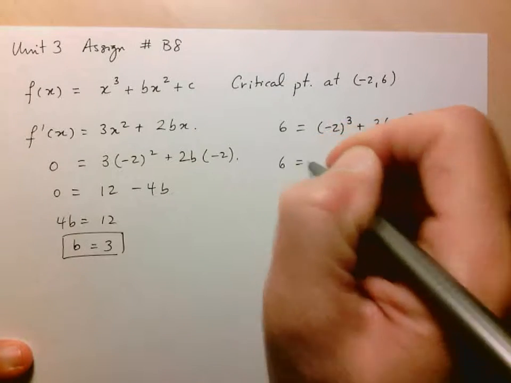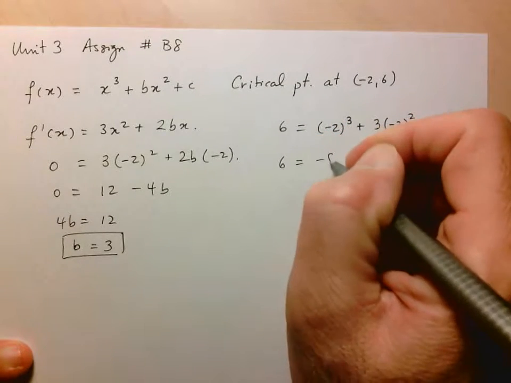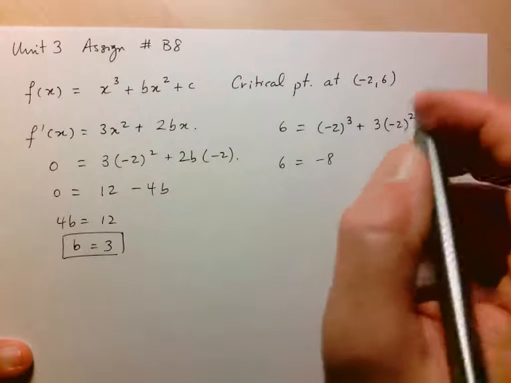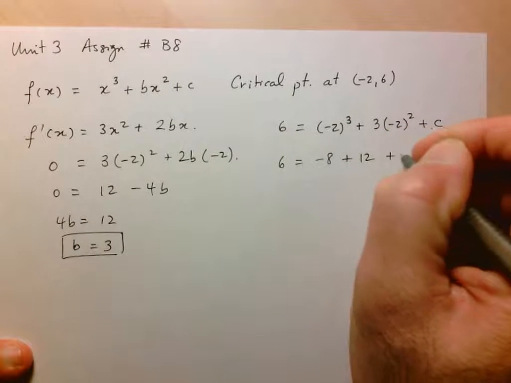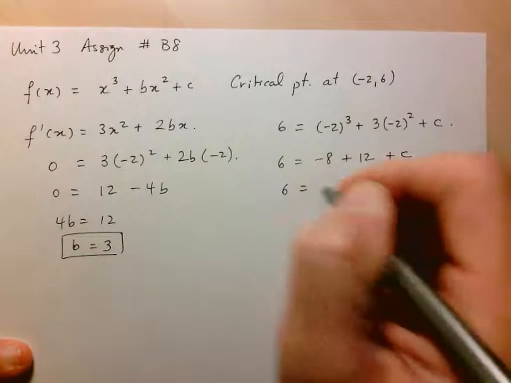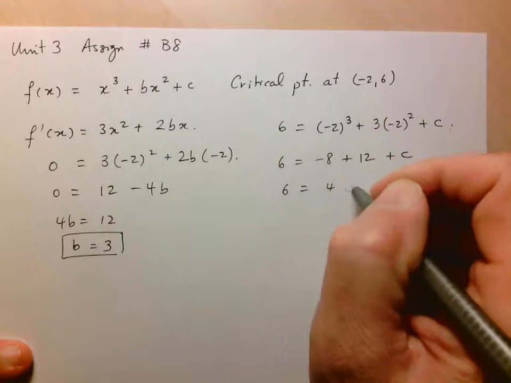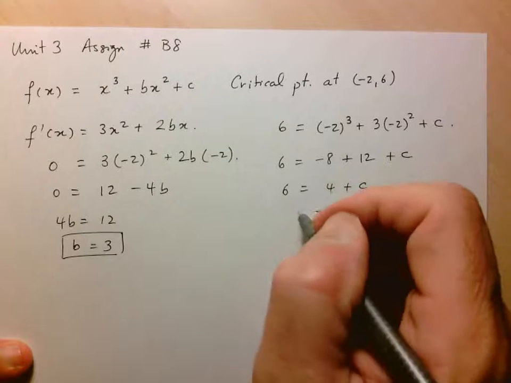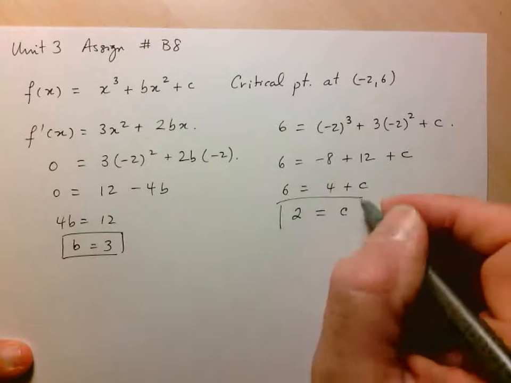Okay, so 6 is equal to, this is going to be negative 8, plus 3 times 4, plus c, so we have 6 is equal to, negative 8 plus 12 is 4, plus c, so c is equal to 6 minus 4, which is equal to 2.